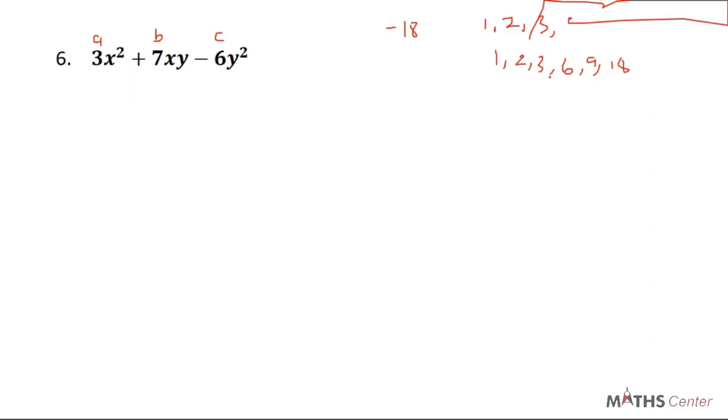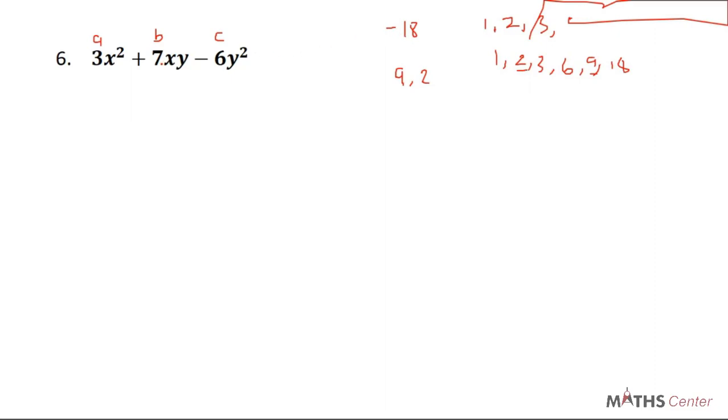Now when you look through this, you can see that if you pick 2 and 9, you multiply them, you get 18. When you subtract 2 from 9, you are going to get 7. So those two numbers we are looking for are 9 and 2. But as we can see from here, when you multiply them, you should get minus 18.